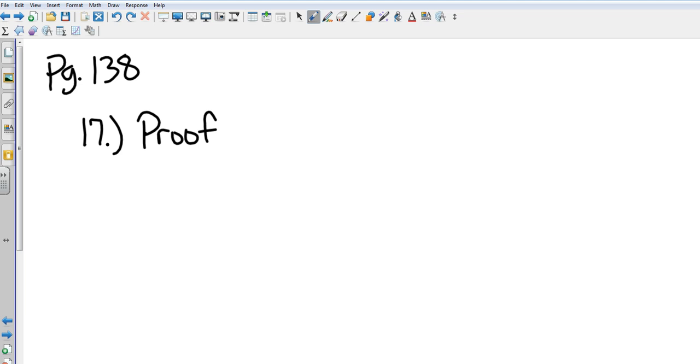Okay. On page 138, number 17. Go ahead and write it down. Write your columns, statements, and reasons. Okay. I'm going to tell you that statement D is negative 3x equals 120. Not a big deal. Most of you would have figured that out. This will be similar to the one tomorrow. They're going to give you all of the statements.